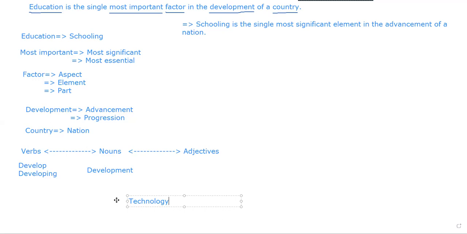So you can convert this into the adjective form by saying or writing technological. Okay. Instead of the noun technology, you can convert it into the adjective form technological. So these are some examples that you can use, okay, to use the first strategy to change the sentence structure.